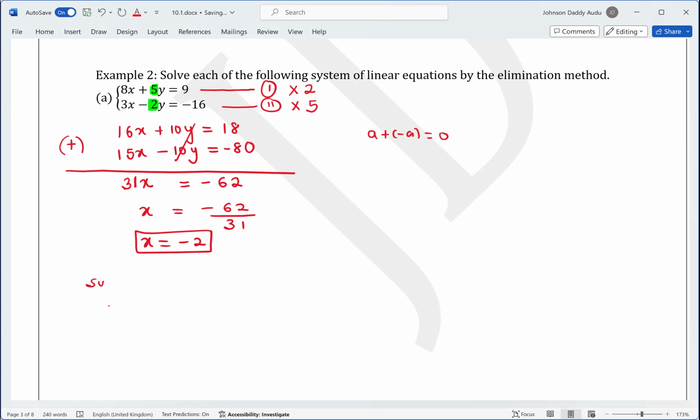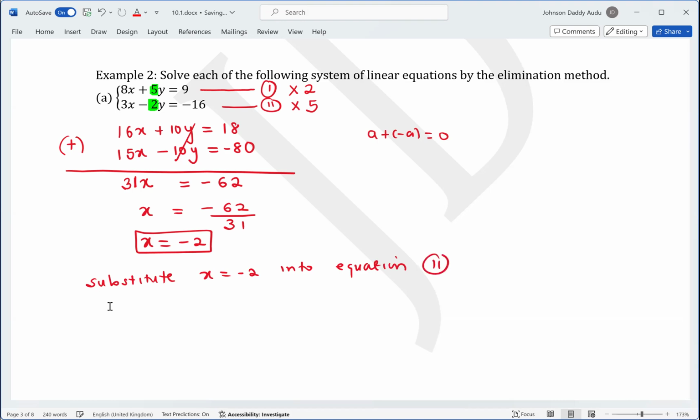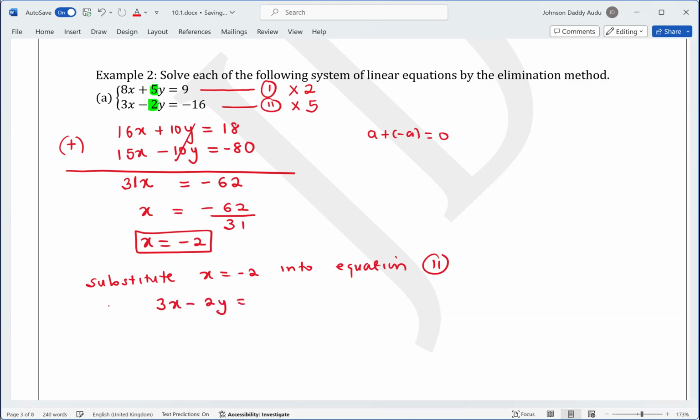So we'll substitute x equals minus 2 into equation 2, which is 3x minus 2y equals minus 16.